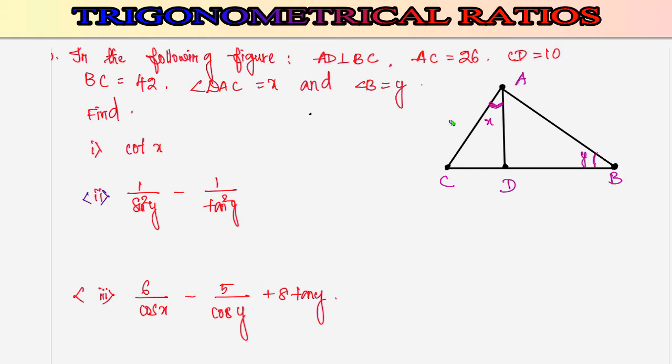Here AC value is 26 and we have CD it is 10, and they have given BC value, the complete BC value given is 42. From 42 if we subtract 10 we are going to get 32 as BD. Therefore BD is equal to 32. Now first I am going to find this side by using the Pythagoras theorem.